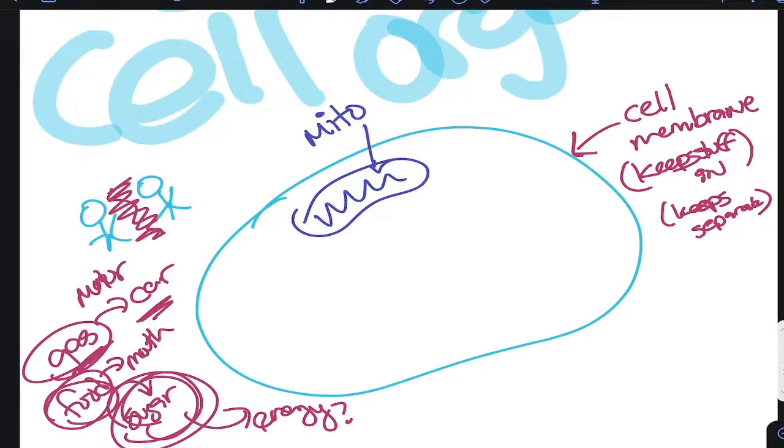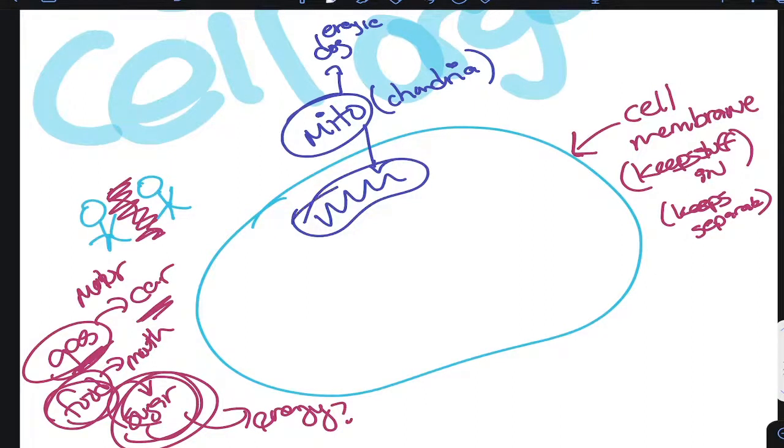I don't expect you to remember the whole word right now. Instead, I teach people to think of mito as like a dog, a very energetic dog chomping around. Your mitos are what take sugar and turn it into energy. Now, they do a whole lot more than that, but that's the main thing we're going to talk about today, okay? Your mitochondria take sugar and turn it to energy.